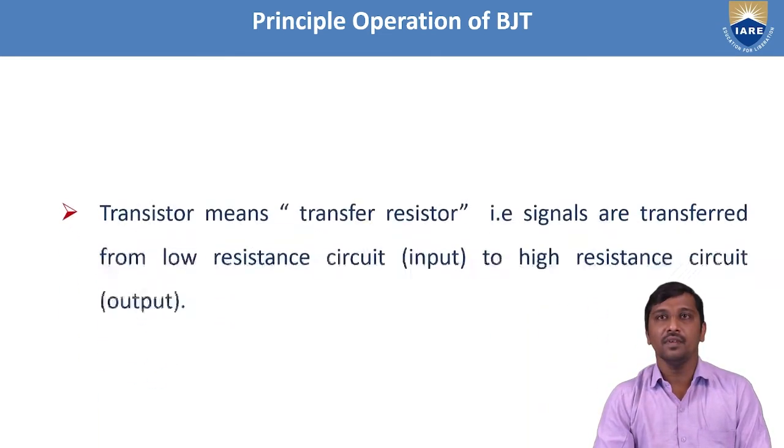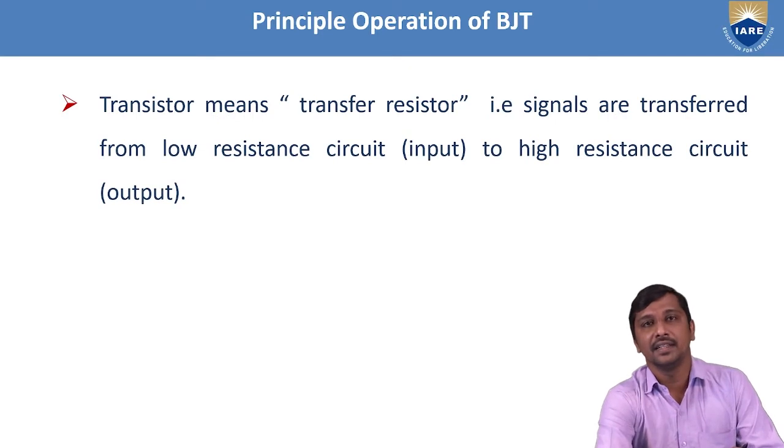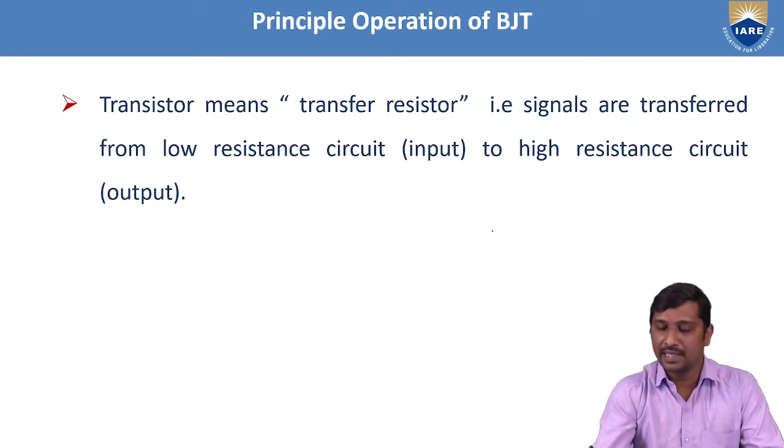Now, the abbreviation BJT means bipolar junction transistor.